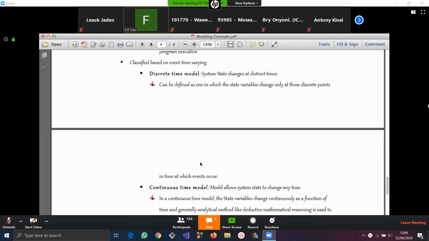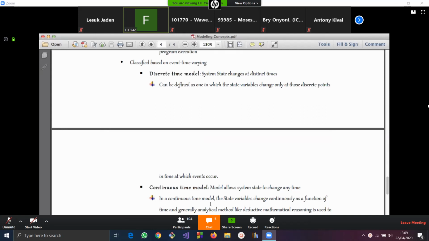In a continuous time model, state variables change continuously as a function of time and are generally analytical. That's why I'm saying something else. In the first one, we are saying distinct time, so the discrete time model is distinct time. But on continuous, it is time and more or less something else.